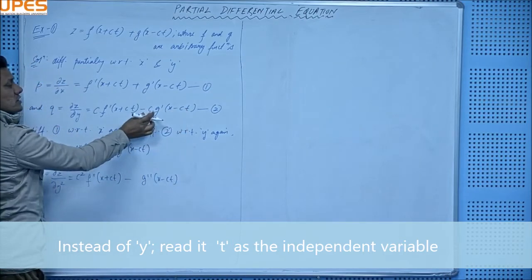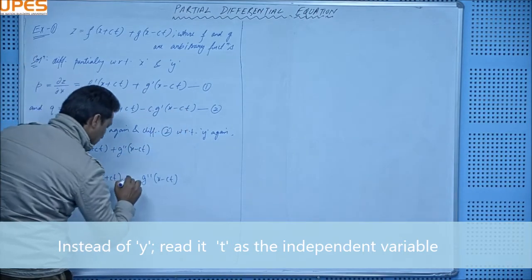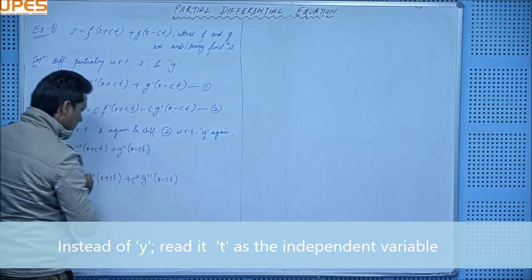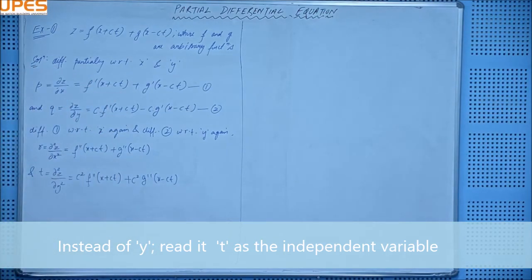Already we are having minus c, that will ultimately become plus c square, right? Okay.